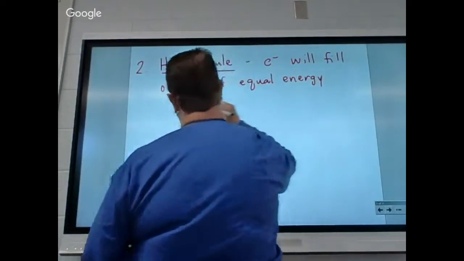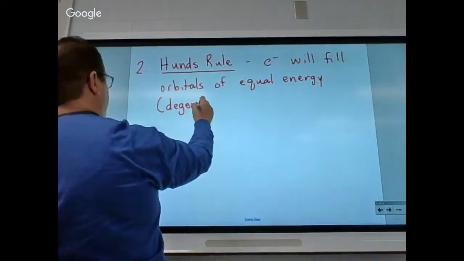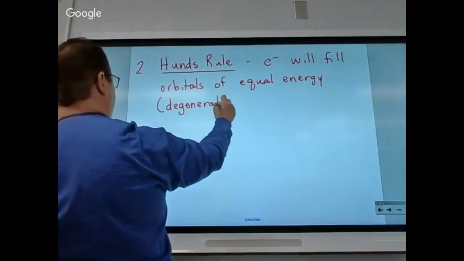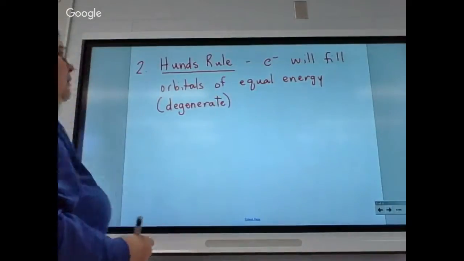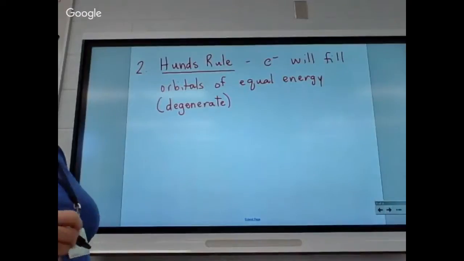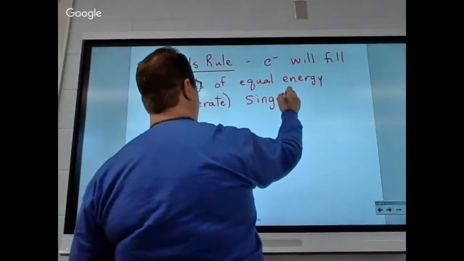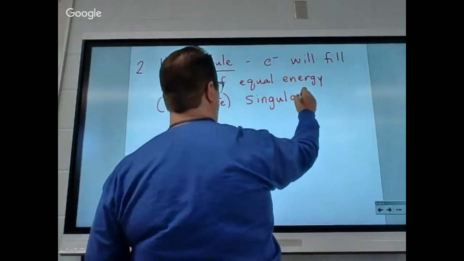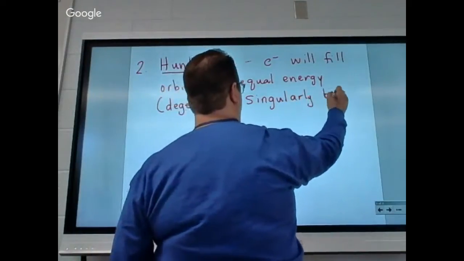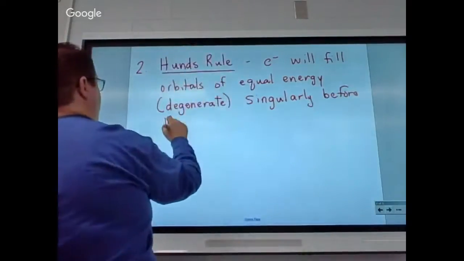And that has a special name. Those are called degenerate. Electrons will fill orbitals of equal energy singly before they pair up.